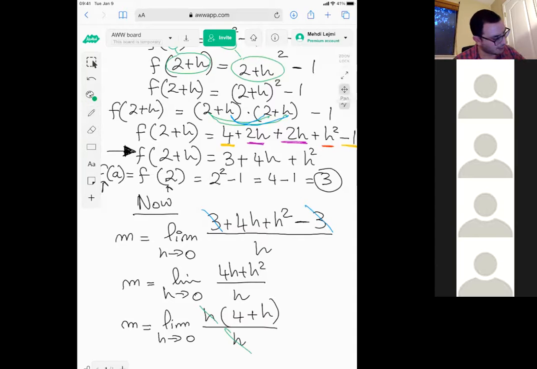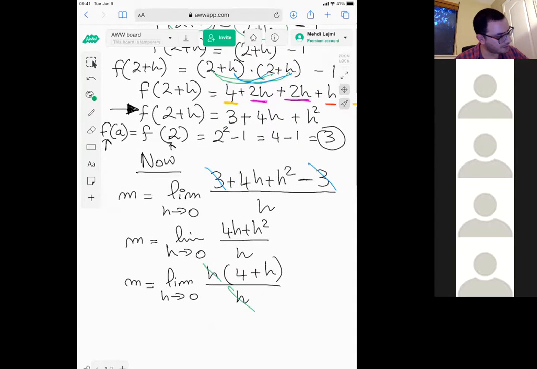So we're almost done. Then my slope m would be the limit, h going to 0, of 4 plus h. Now I simplified my expression, so I can evaluate the limit.